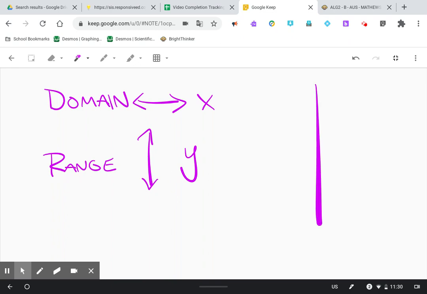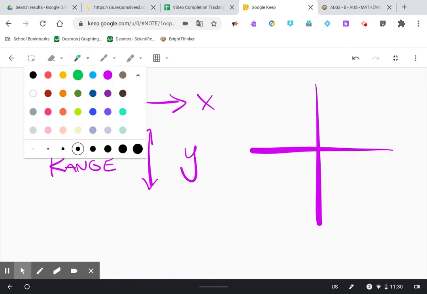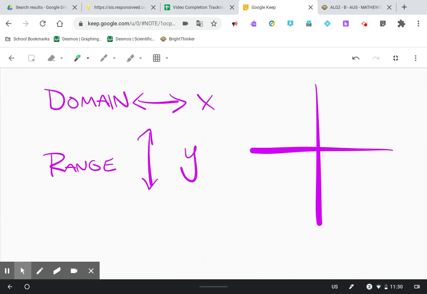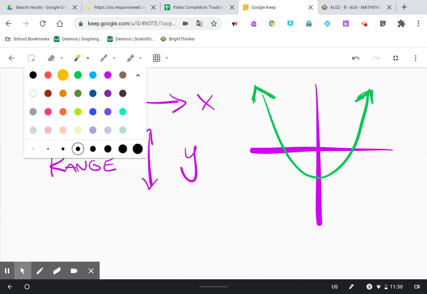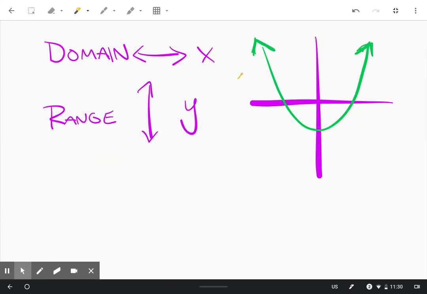So just as an example, when I have a function that goes maybe like this, like a parabola, notice these arrows tell me a few things. First of all, they tell me that this graph goes forever up.